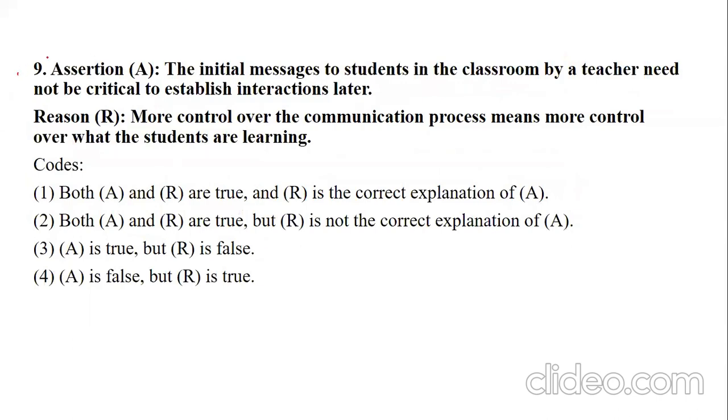Then next again you have an assertion and reasoning based question. Let's see. The initial message of the students in the classroom by the teacher need not be critical to establish interactions later.